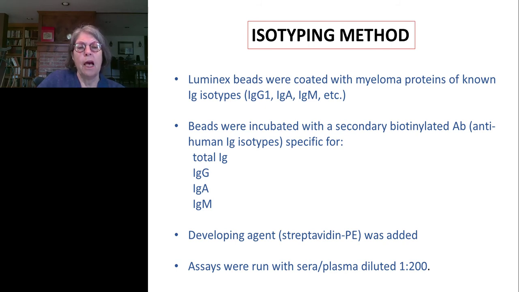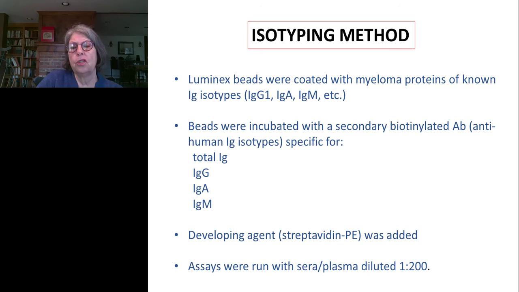How did we pick the antibodies that we were going to use as secondary antibodies? A lot of secondary antibodies or anti-immunoglobulins are sold by companies that are labeled as being specific for IgG1, IgA, IgM, etc. But in fact, when you test them, they are not necessarily as specific as they are labeled by some of the companies.